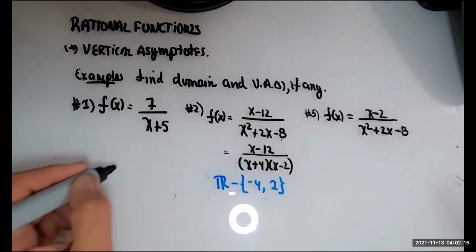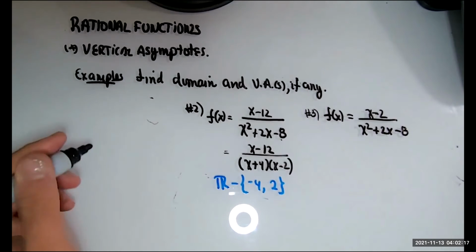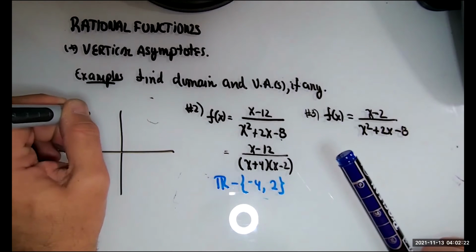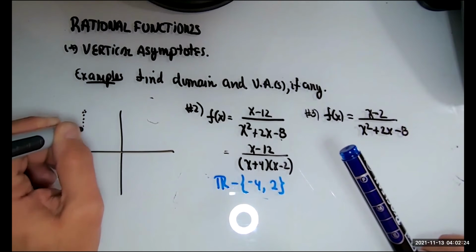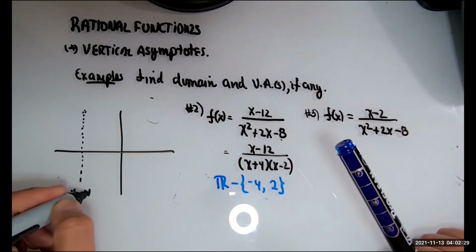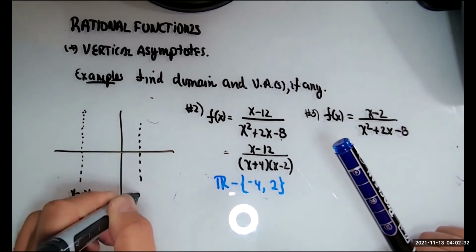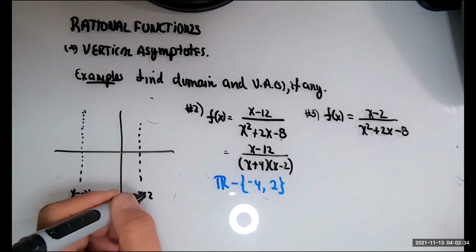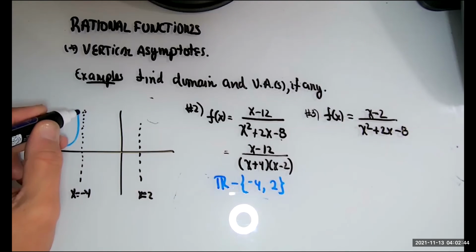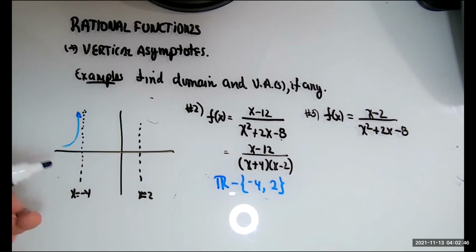So this function, example number 2, a very rough sketch, would be something like this. This one will exhibit 2 walls, one at x equals -4, and the other one at x equals 2. And once again, we don't know how this thing will look, but we know that as we get closer to -4, the function will go all the way to +infinity or will come down to -infinity.